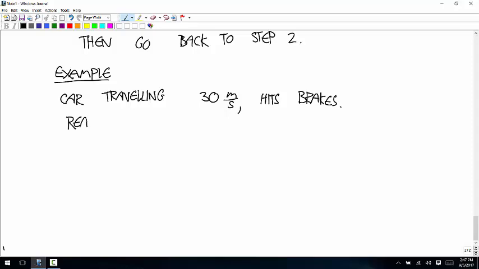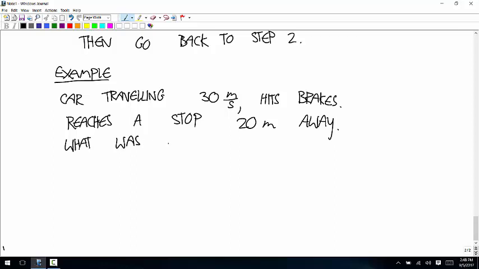And the car reaches a stop 20 meters away. What was the acceleration?